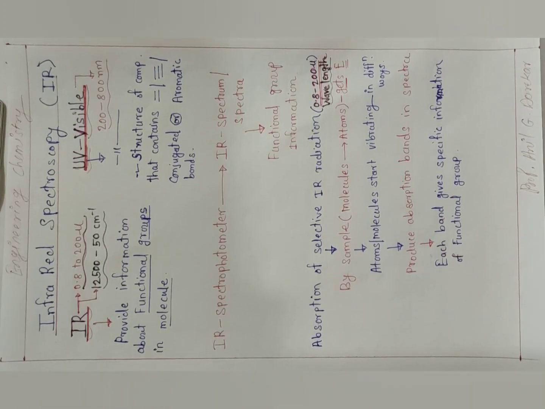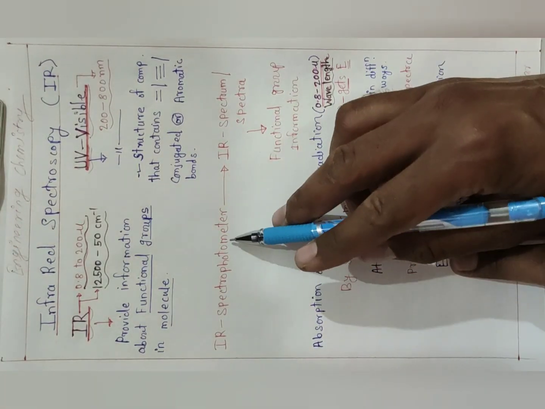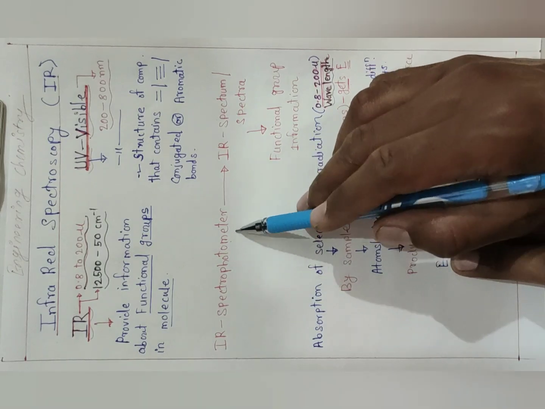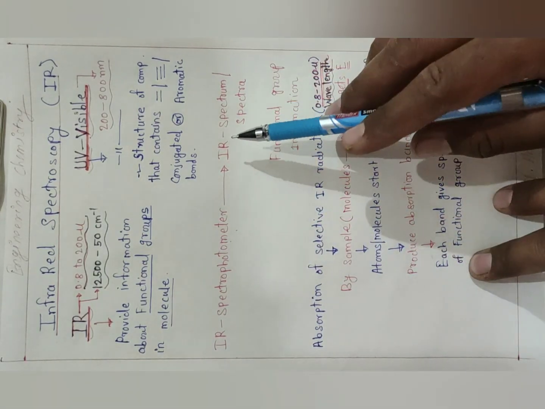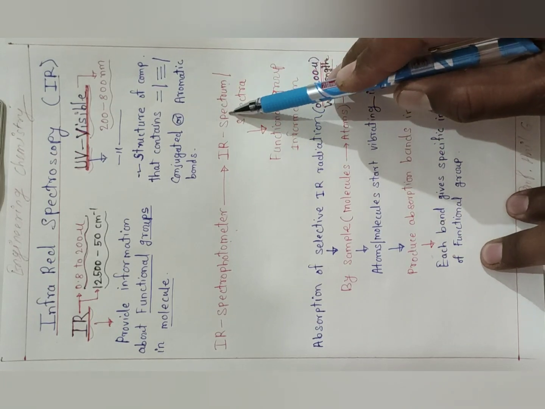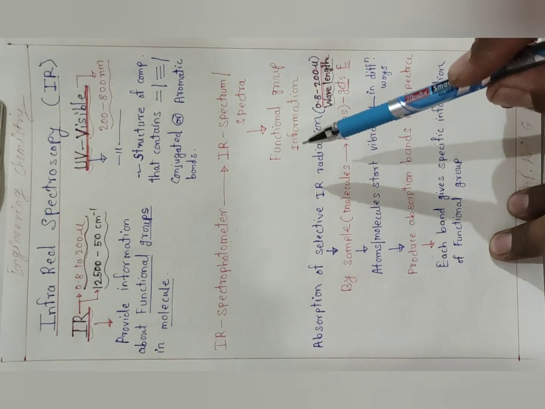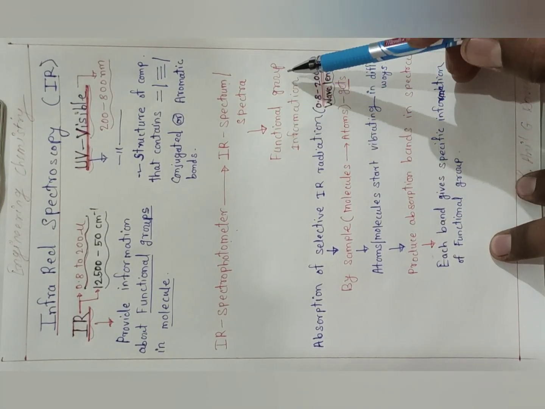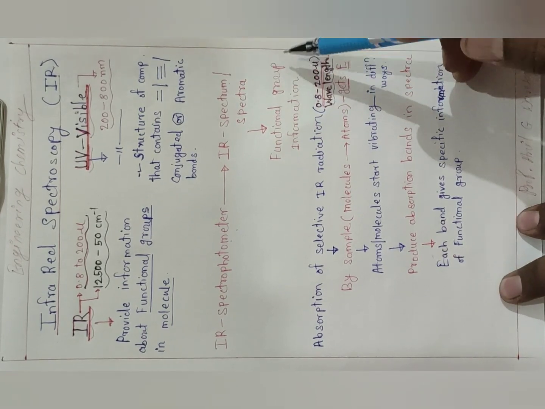Now, how to find which type of functionality is present in a compound? For that purpose we require an IR spectrophotometer. The IR spectrophotometer will give an IR spectrum, and by studying this spectrum we are able to get information about functional groups present in the molecule.